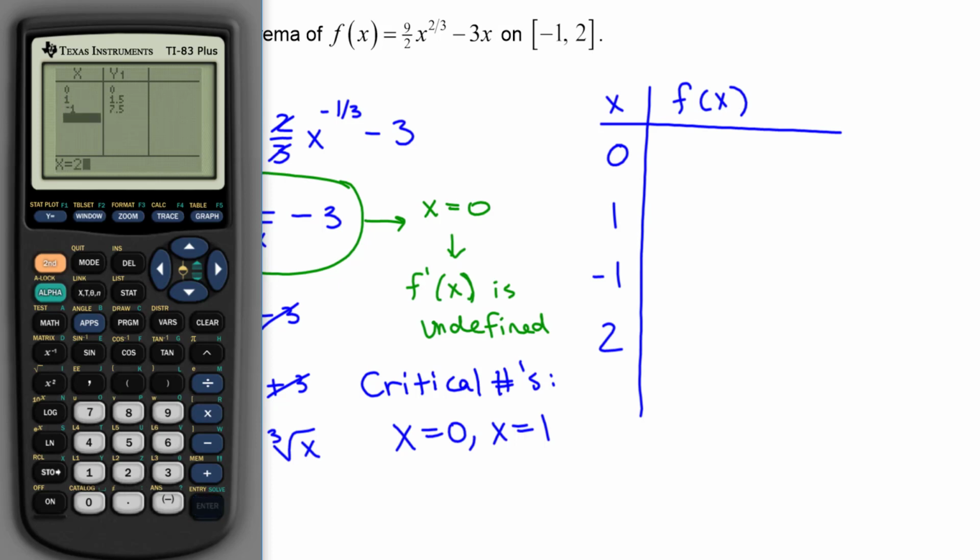Make sure you double check at some point the critical numbers that you come up with happen to be on the interval. I didn't specify it here, but they are on this interval, so I don't want to exclude them. But double check that at some point. So it looks like I've got f of 0 is 0, f of 1 is 1.5, f of -1 is 7.5, and f of 2 is 1.14.